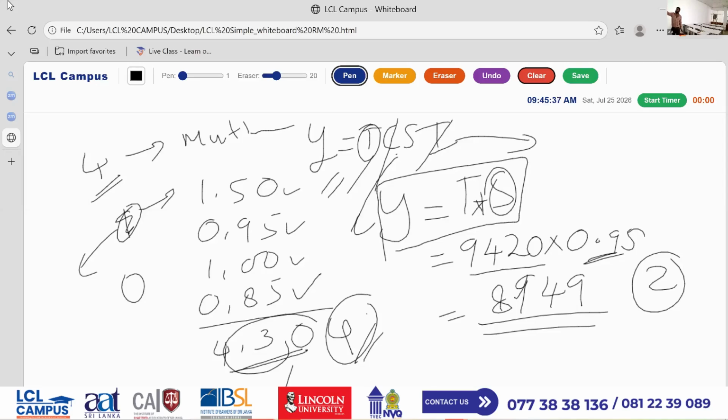But 9420 plus 0.95 is 9421 or so, and 9421 is not there in the answers. Therefore, using the answer options also you can confirm which method is given. But the better approach is to check the total, okay?